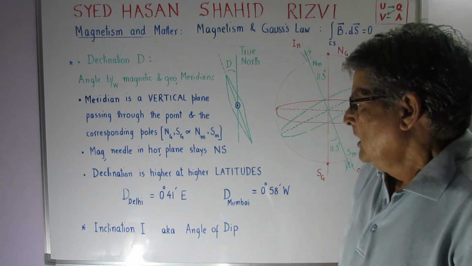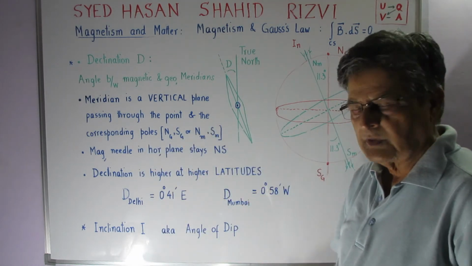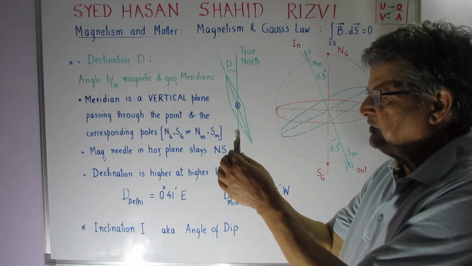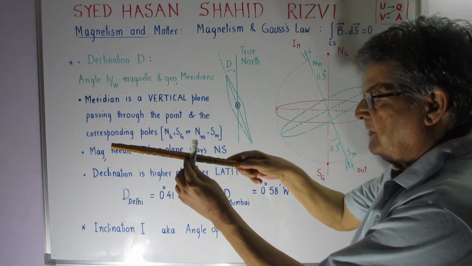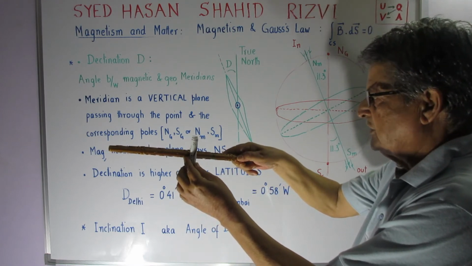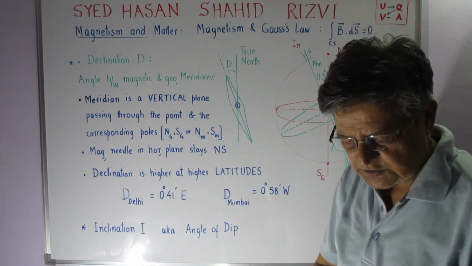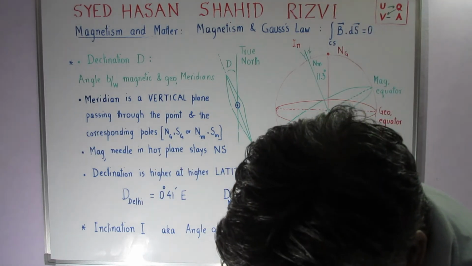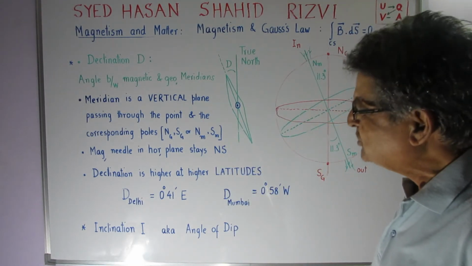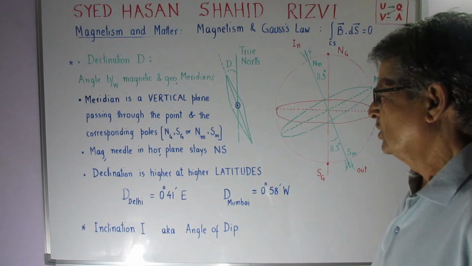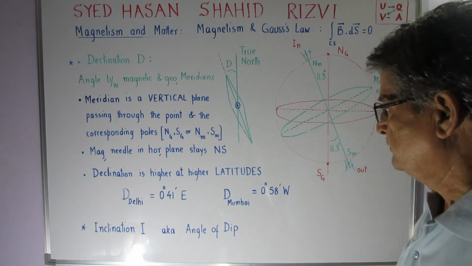A magnetic needle in the horizontal plane, that is, if the pivot is like this and the needle is staying like this, indicates that this side is north and this side is south. This is how the needle will give the direction of the magnetic north and south poles, which are close to the geographic north and south poles respectively.